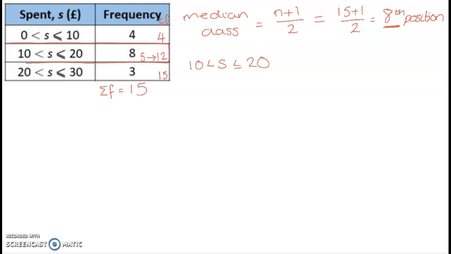If I'm then asked to estimate the median from that category, I need to look at something called interpolation. We'll start by looking at how we would do this on a cumulative frequency graph.